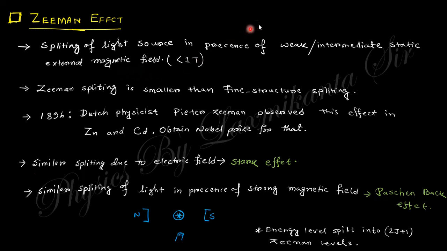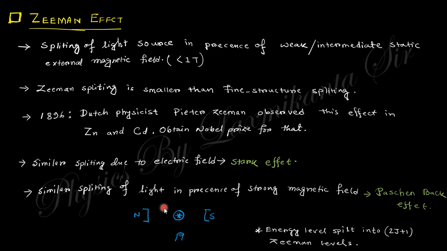That means when a light source produces light, it has some frequency, but when we apply a magnetic field within this light source, then the frequency of the light will be changed. This phenomenon is known as the Zeeman effect. That means the splitting of light.